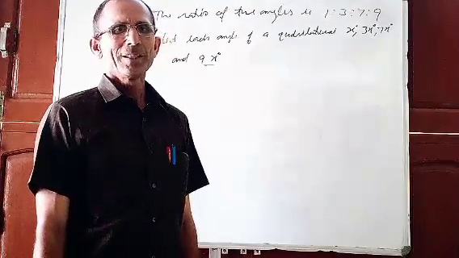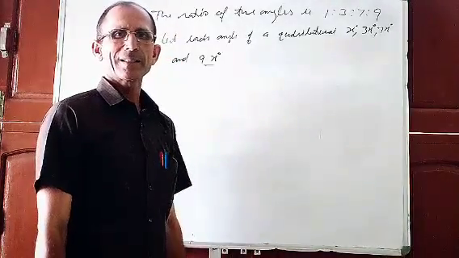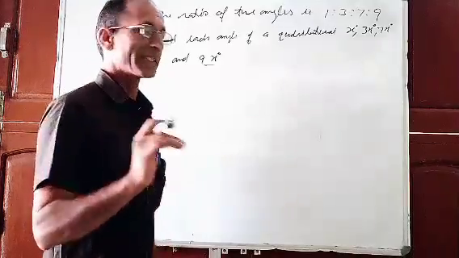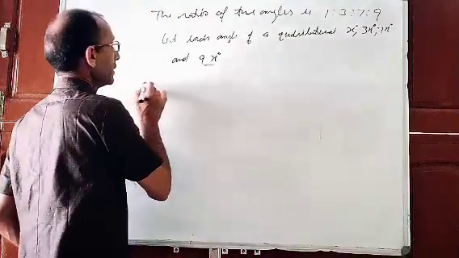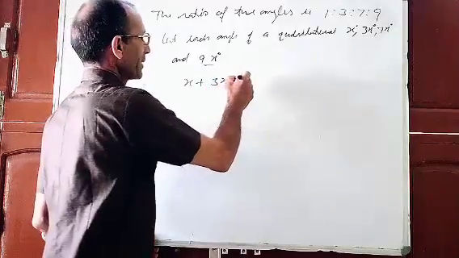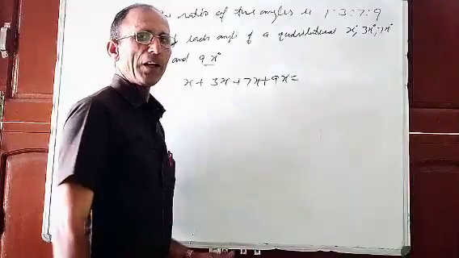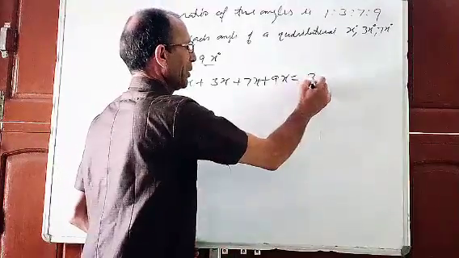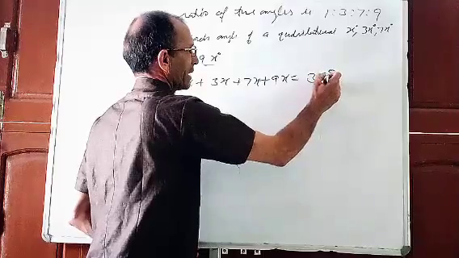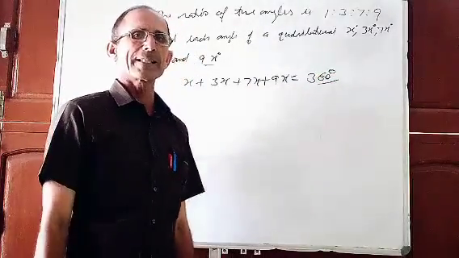Have you understood? Now, because all four angles are there, if I add them the total will be 360. Therefore x plus 3x plus 7x plus 9x, if I put it equal to 360, that will not be wrong, because the sum of the angles of a quadrilateral is 360 degree.